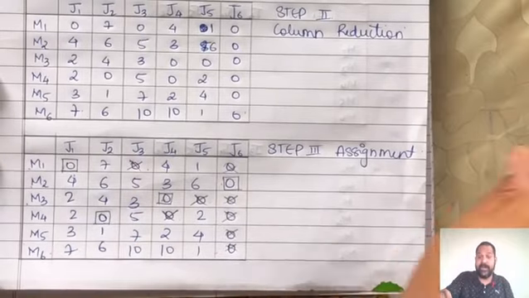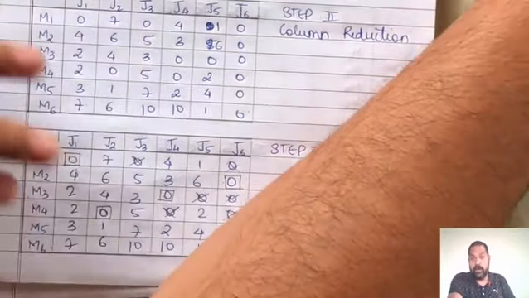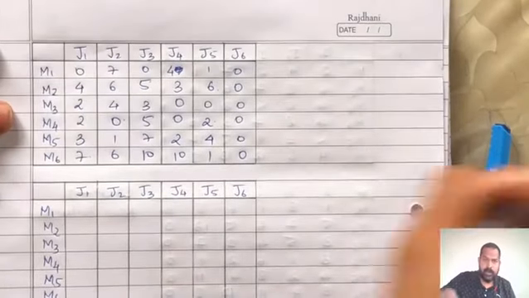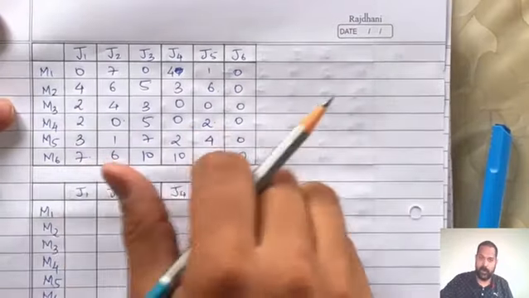So let me get the table behind ready for drawing lines. My table here is ready. I'm going to assign in this one more time and then draw lines.